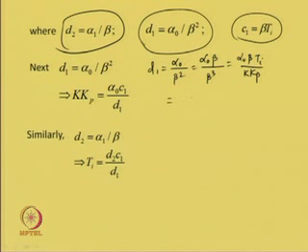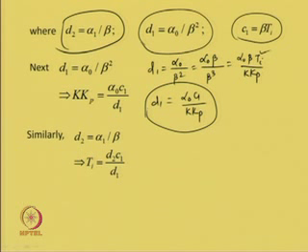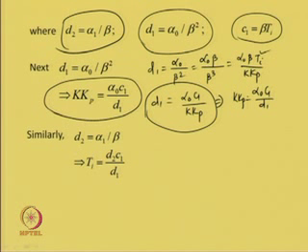So, we get in the numerator α0 C1 upon k Kp. So, d1 is equal to α0 C1 upon k Kp, which implies that k Kp is equal to α0 C1 upon d1. So, this is how we obtain explicit expressions for the unknown Kp. So, k Kp is equal to α0 C1 upon d1.